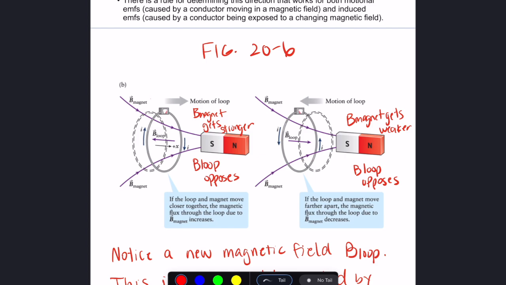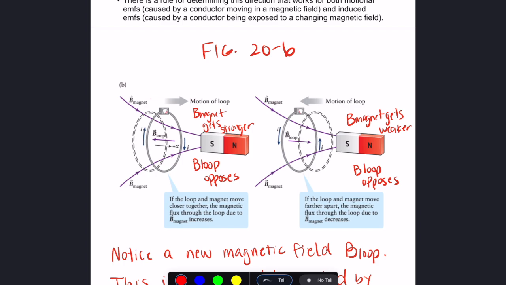So notice in part B that B loop is pointing opposite to the magnetic field direction. It's pointing opposite to decrease the increasing flux because that's what B loop does. It opposes the change in flux.